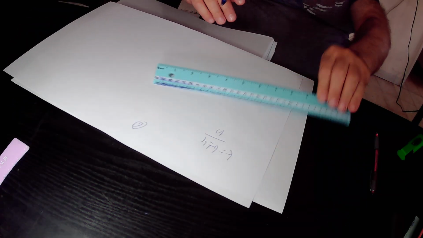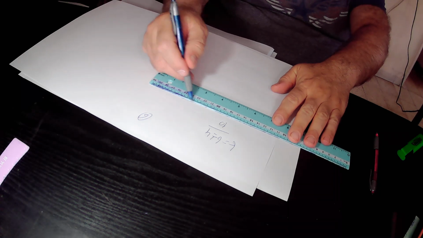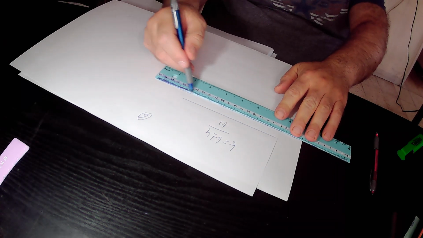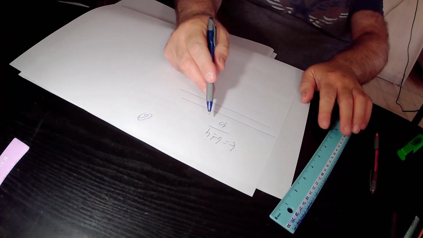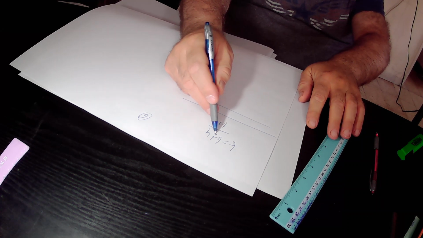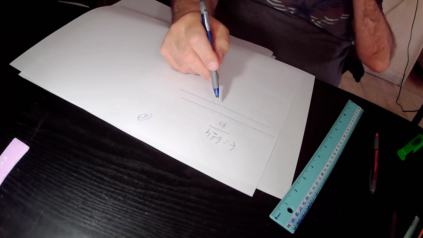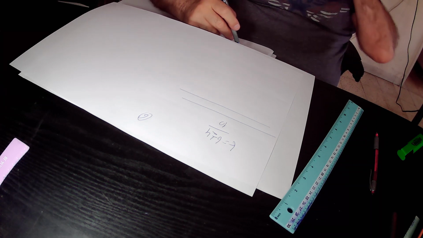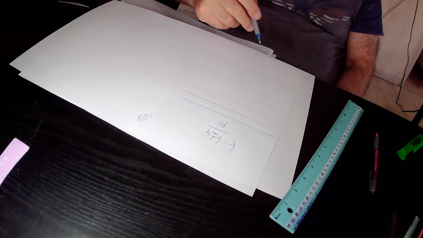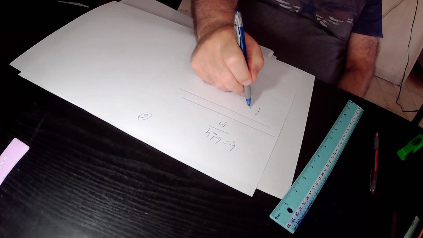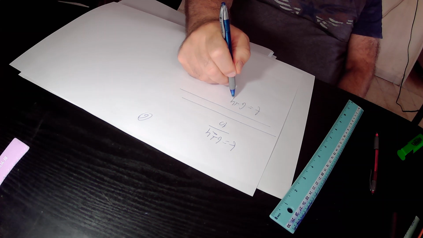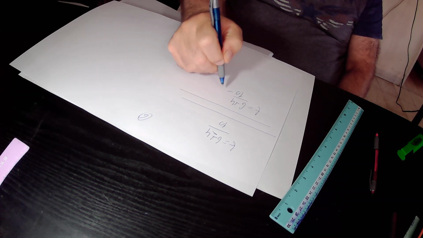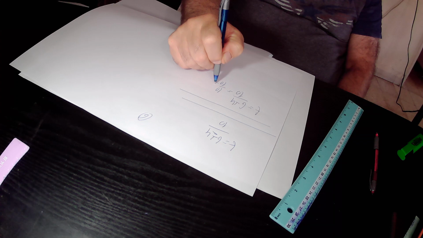So here we actually found out that t equals to 6 plus minus 4 over 10. So here we have two solutions that are possible for t. The first solution for t is that t equals to 6 plus 4 over 10. 6 plus 4 is 10, and 10 over 10 is 1.